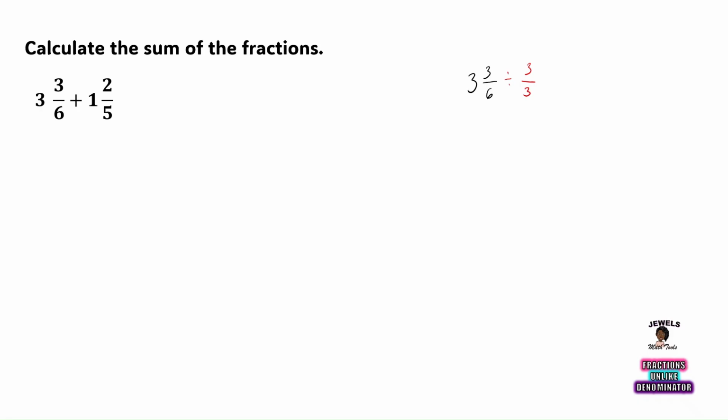So I will be dividing 3 by 3, which will equal 1, and I'm dividing 6 by 3, which will equal 2. And then I'm going to return my whole number, since I did not touch this number, back to my mixed fraction. So now that I have simplified the fraction, I'm going to plug that fraction right back into my question, and then we're going to follow the same steps that we did earlier.